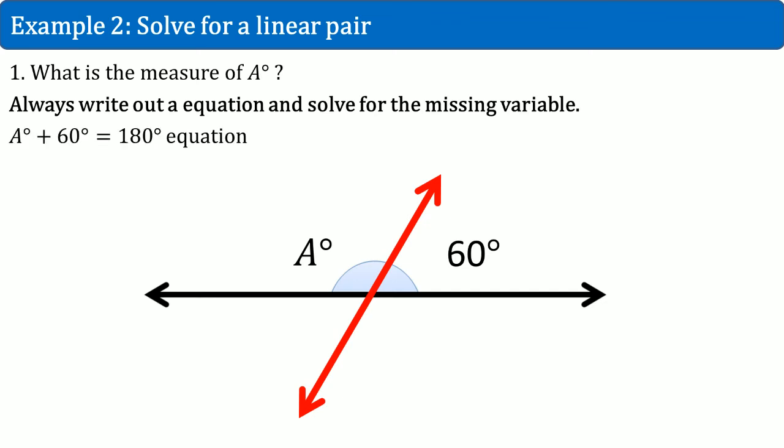Angle A plus angle B, in this case, which is 60, is equal to 180 degrees. We subtract 60 from both sides so we can solve for A. We simplify, so A becomes 120 degrees. This makes sense because if we put 120 here and the rest is 60, this together makes 180 degrees.